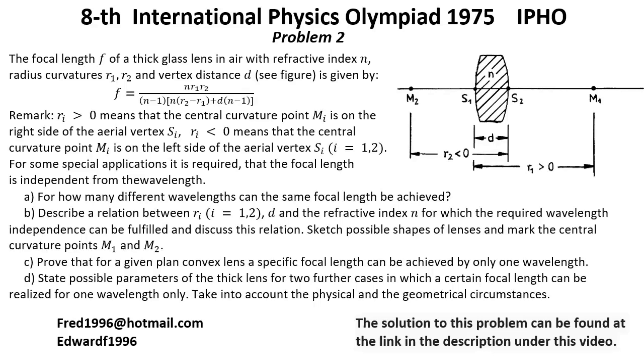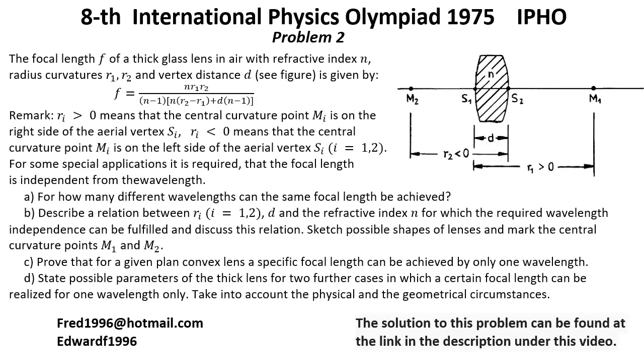Remark: Ri greater than 0 means that the central curvature point Mi is on the right side of the vertex Si. Ri less than 0 means that the central curvature point Mi is on the left side of the vertex Si, where i equals 1 or 2.